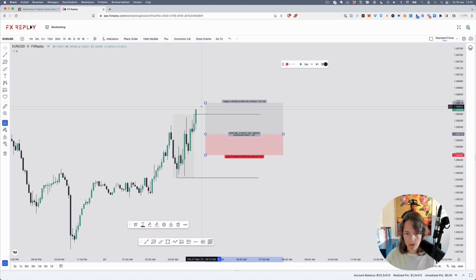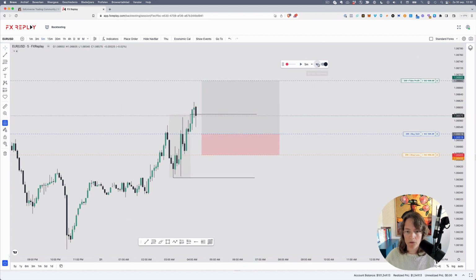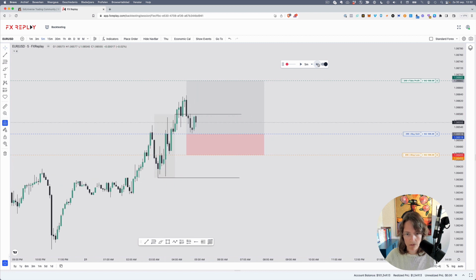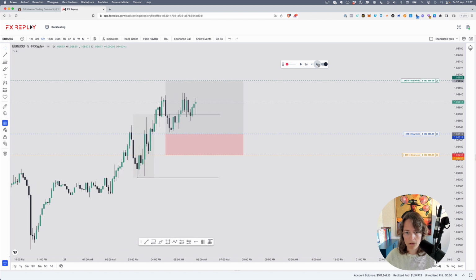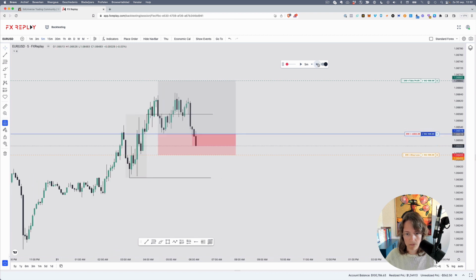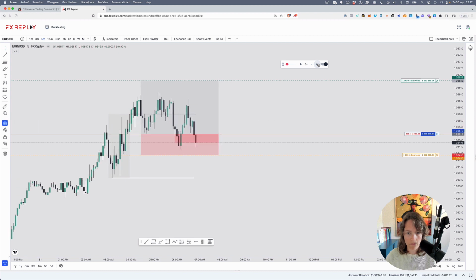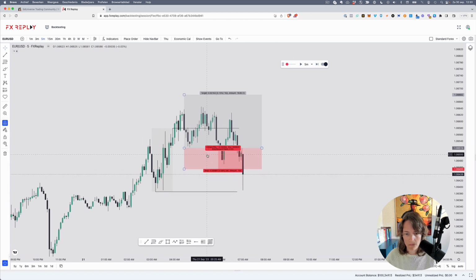I don't know if it's gonna work. Let's try the fair value gap. Don't know if it wants to come back for us. Let's see if there's anything left here.